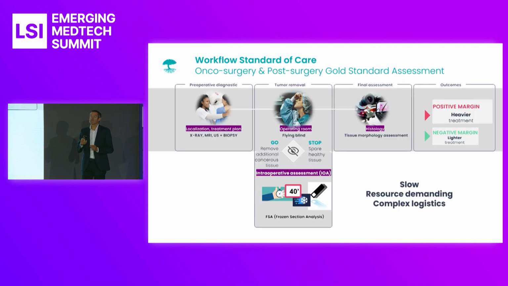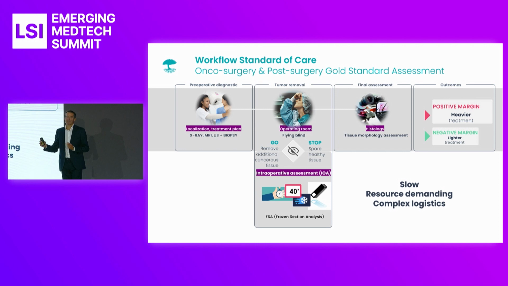If we think about what it replaces, or how it fits into the workflow, well, until today, basically when there is a cancer surgery and there is tumor excision, in the operating room, either the surgeons are blind and they will know a week later or 2 weeks later from histology if there were what's called positive margins, in which case the patient will need to be re-intervened on, interventionally or with chemotherapy, for example. Or the pathologist can also do what's called frozen section analysis, which is complex, resources-wise.